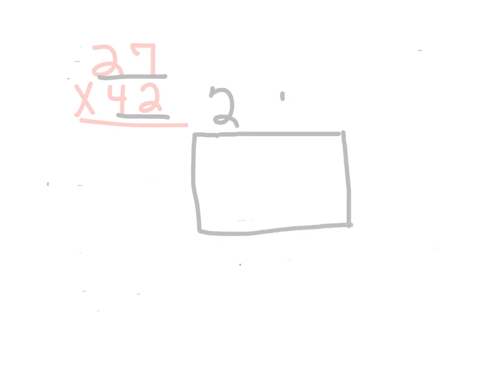I have 2 numbers here, so I want enough room across the top for 2 numbers. And I have 2 numbers here, so I want enough room for 2 numbers down the side. So I go ahead and make my model, but then I have 27 and 42, and I make my boxes.